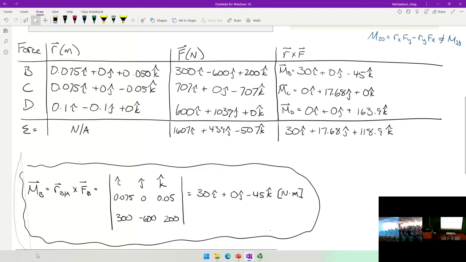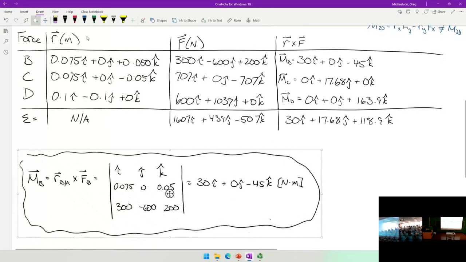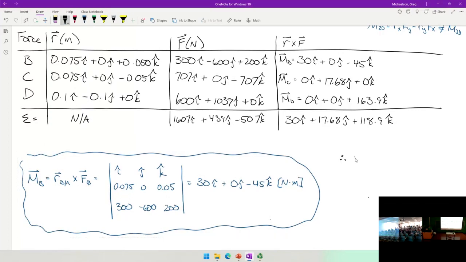So let me make that blue. Therefore, we can replace this system with a single force vector of this, and then a single moment vector of this. Let me move that over a little bit.